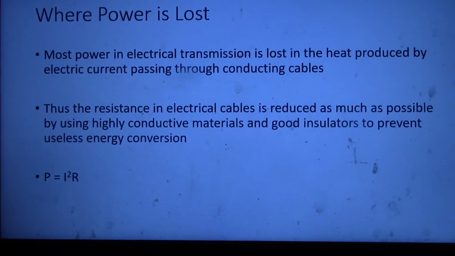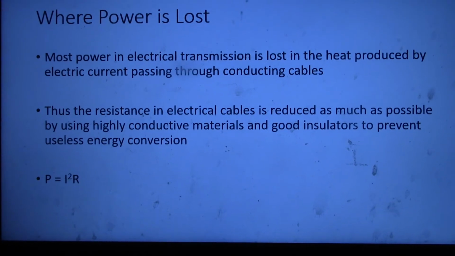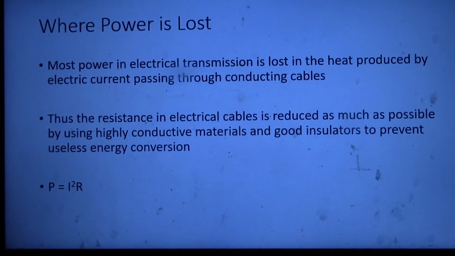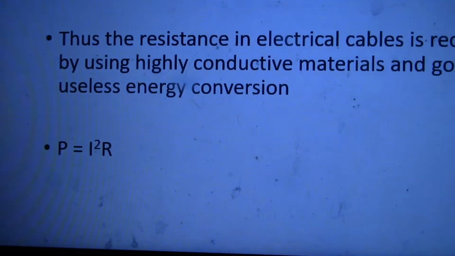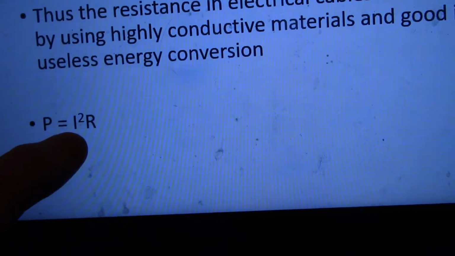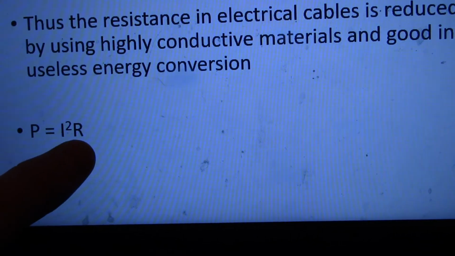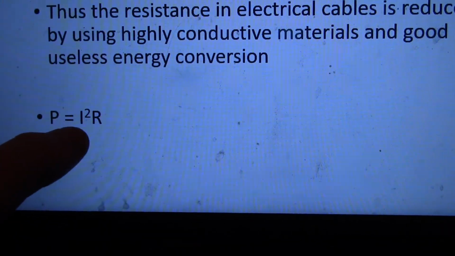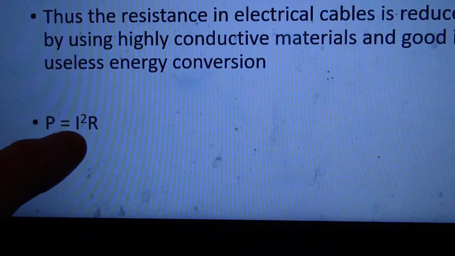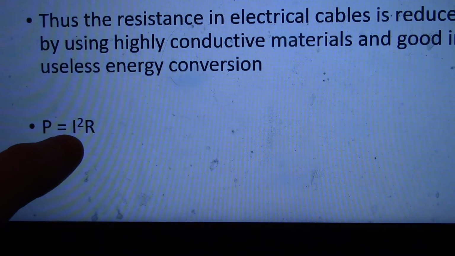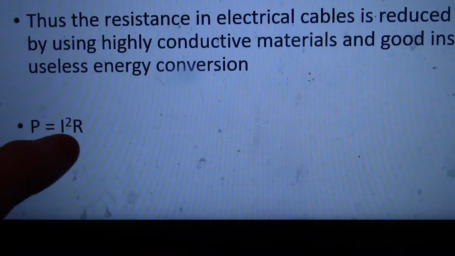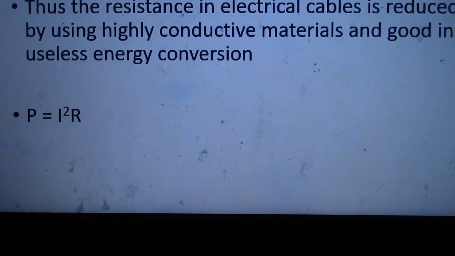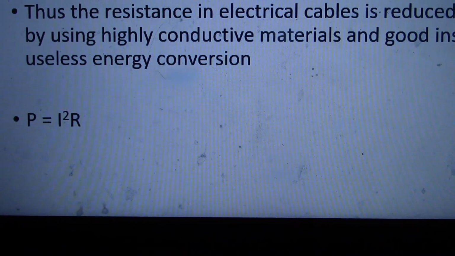So the resistance in electric cables is reduced as much as possible by using highly conductive materials and good insulators. Power is a function of current, and you can see it's I squared, so how smoothly things can flow, multiplied by how much things are resisted. The flow is an exponent, so it's more important than the actual resistance. If we can have a good flow of electricity, then we can reduce resistance.